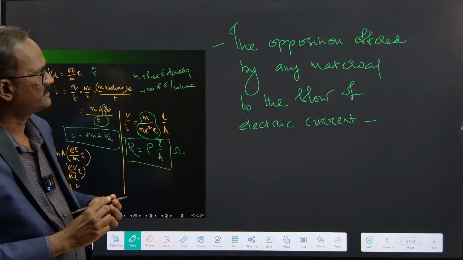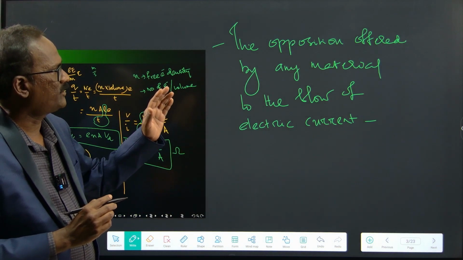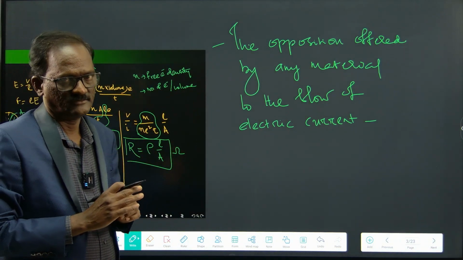This is the definition for it. The opposition offered by any material to the flow of electric current.